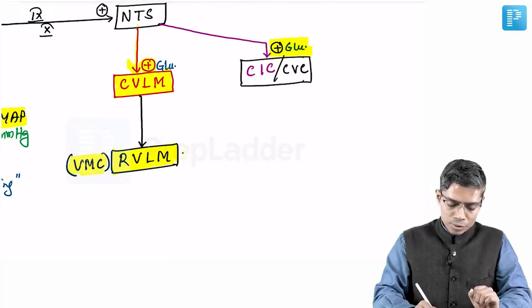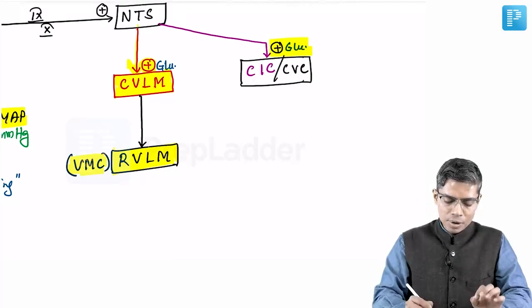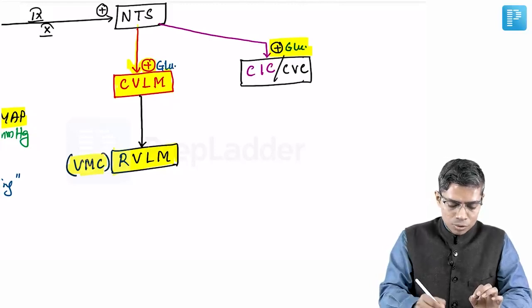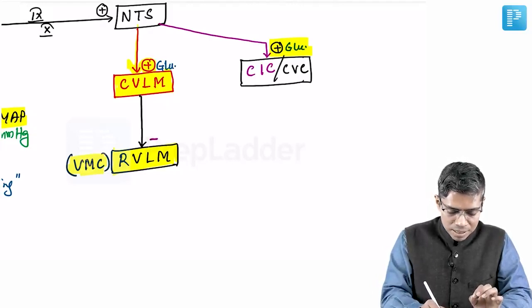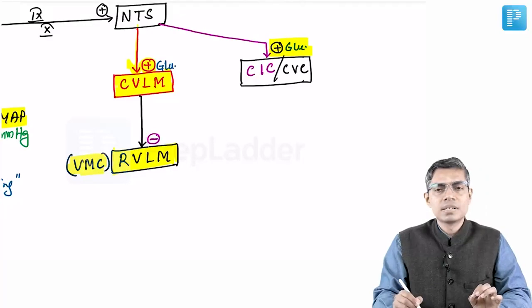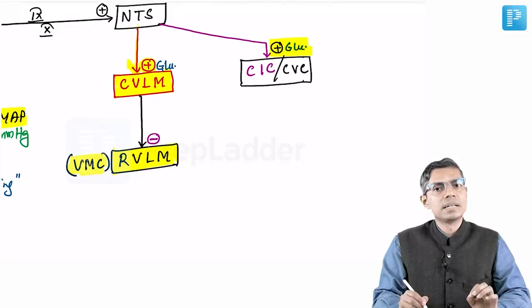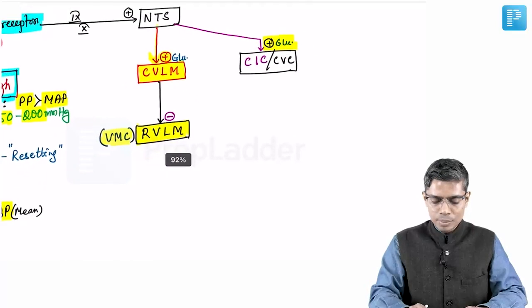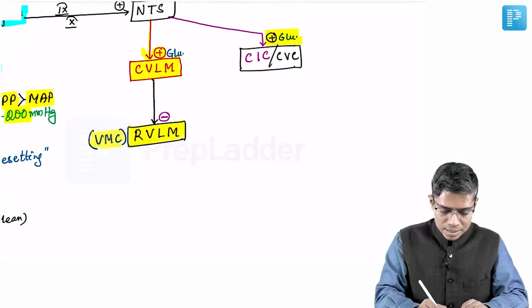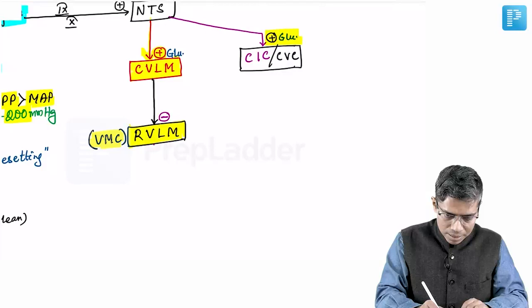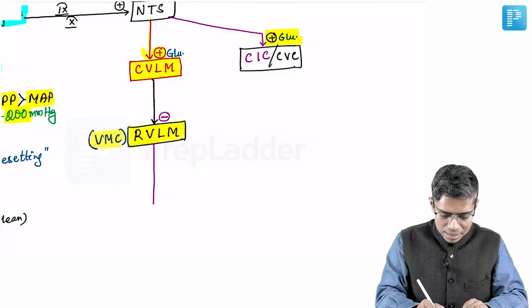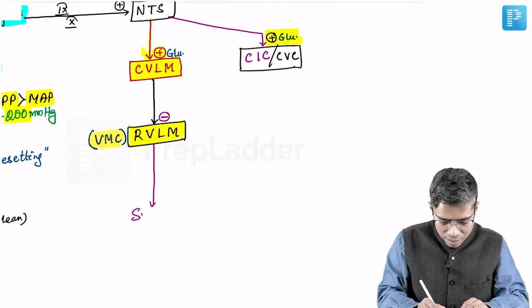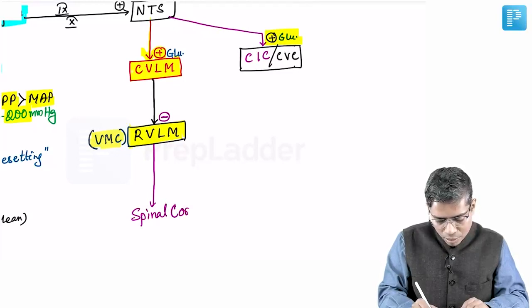I told you the neurons projecting from the CVLM to the RVLM are inhibitory neurons. So obviously, if the CVLM is stimulated, the RVLM is going to be inhibited, right? And what is the importance of this center? This is the center connected at the level of the spinal cord.